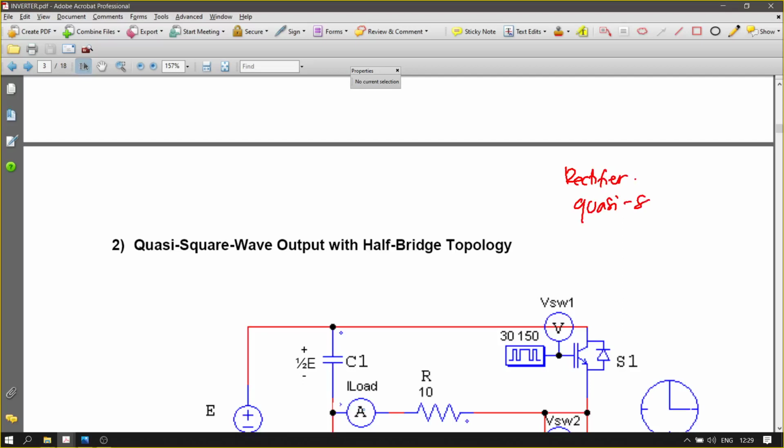If I'm not mistaken, it is the waveform of the full wave rectifier, the three-phase full wave rectifier.